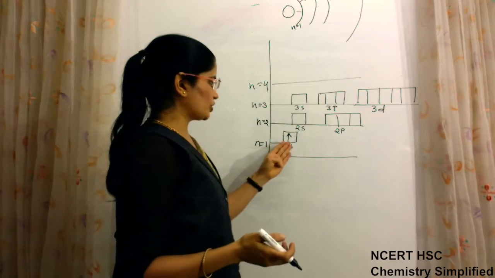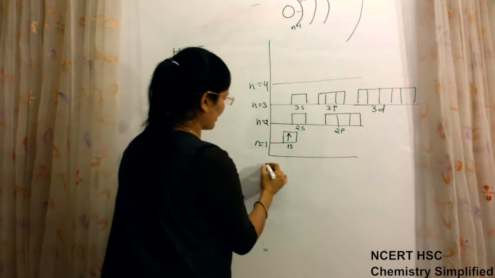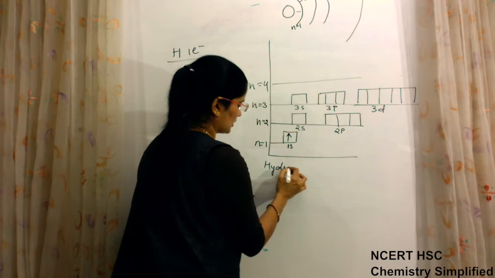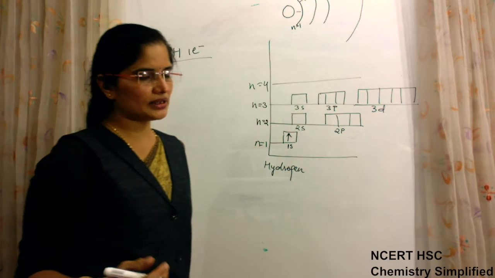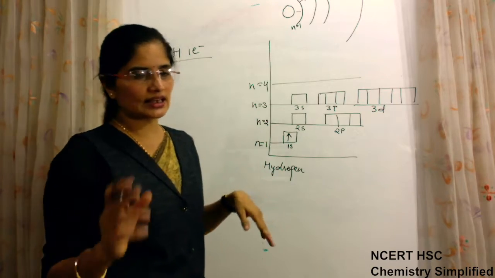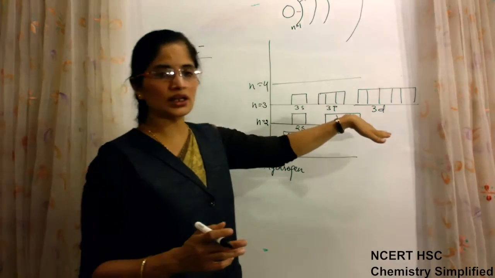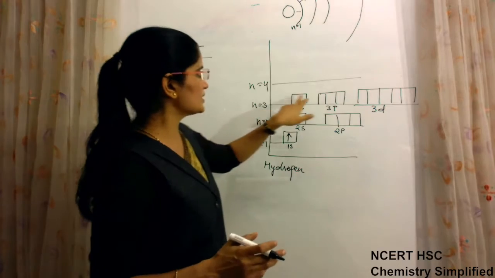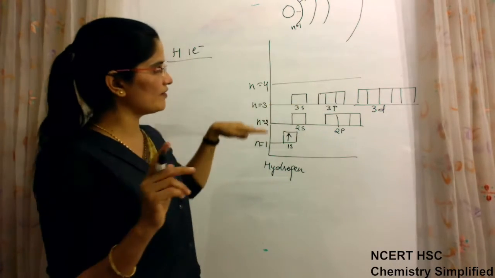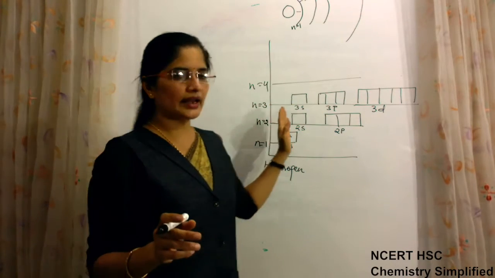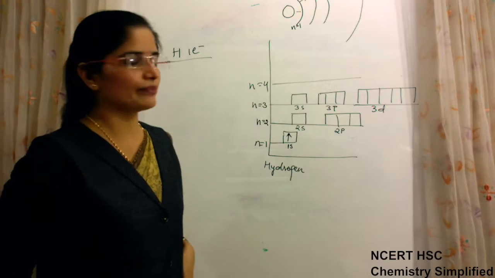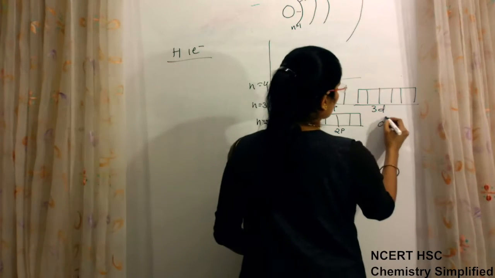There is only one electron in the case of the hydrogen atom. All the subshells in the same shell have the same energy, because we have made them on the same energy level. When the energies of subshells are the same, they are known as degenerate.